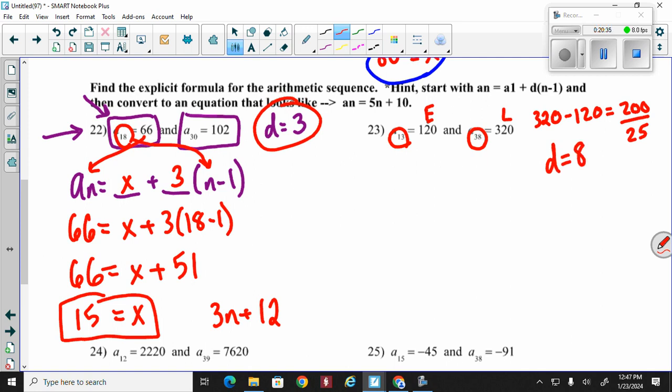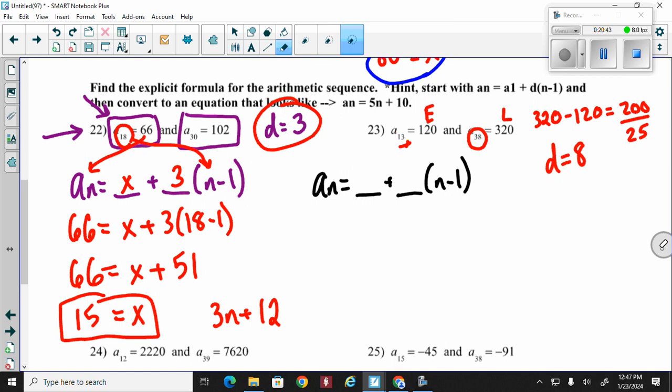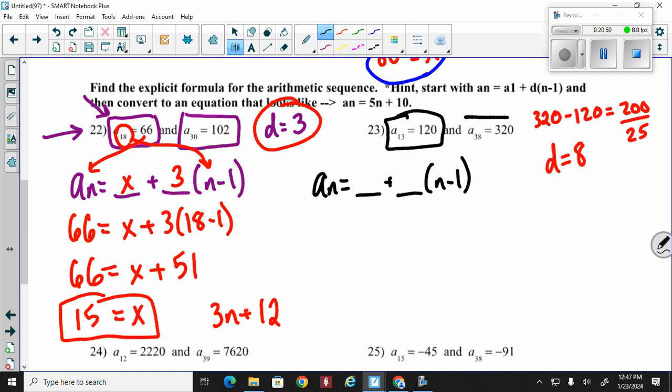All right. So now I got to find my first term. So a of n is equal to something plus something times n minus 1. Let me kind of clean this up a little bit. All right, what do I want to use? Do I want to use the 13th term or do I want to use the 38th term? Well, I want to use the 13th. It's smaller numbers. Looking for my first term, I know my common difference is 8. 120 goes here, and little 13 goes right there.